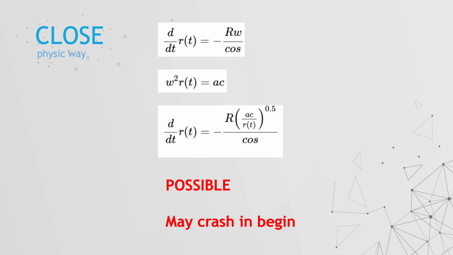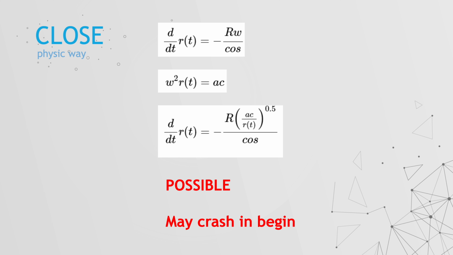omega squared r of t equals ac, and this is because it's circular motion, and we can get the final formula: dr of t divided by dt equals minus r times ac divided by r of t squared divided by cosine theta.